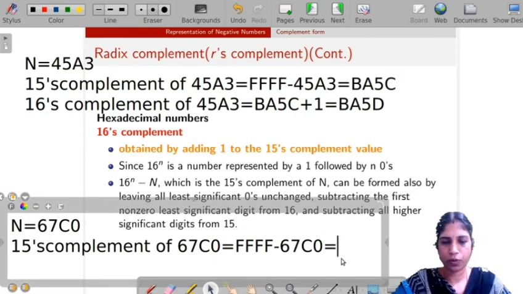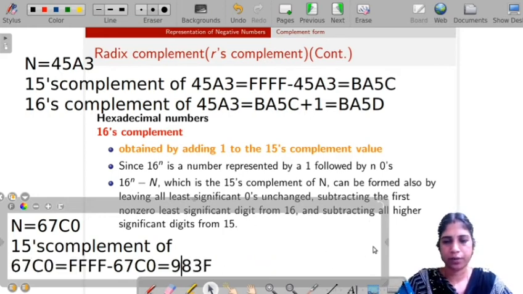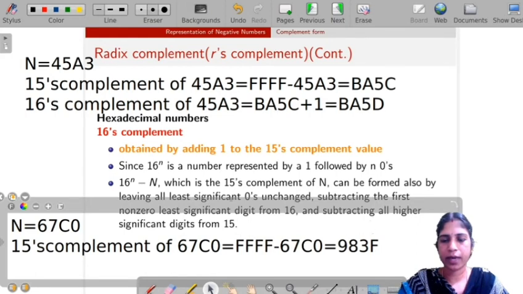That is equal to F minus 0, F itself, F minus C. C is equal to 12, F is equal to 15, 15 minus 12, 3. Next 15 minus 7, 8. Next is 15 minus 6, 9. That is 983F.